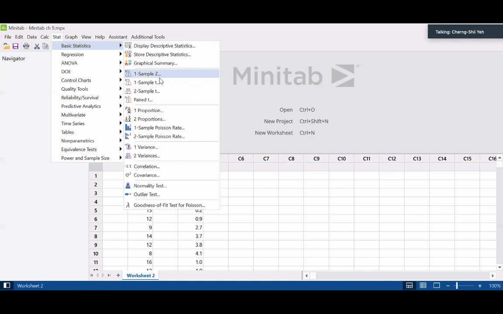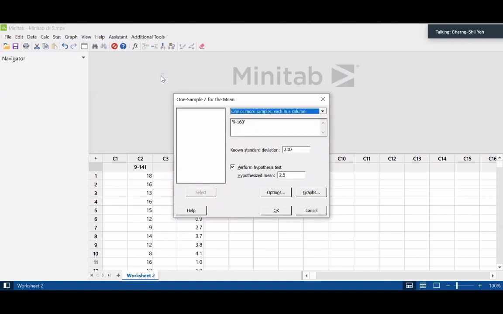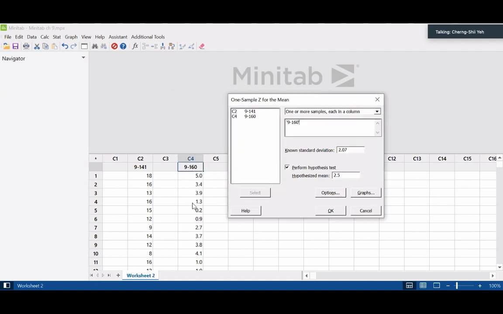All right, so let's go to the z-test. Okay, you can choose different ways to summarize your data. In our case, our data is listed over here. Okay, we're going to select our data. Let's summarize in the C4 column. Population standard deviation is given, 2.07. We're performing a hypothesis test. Testing value is listed over here. That's our null hypothesis.